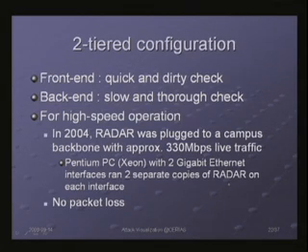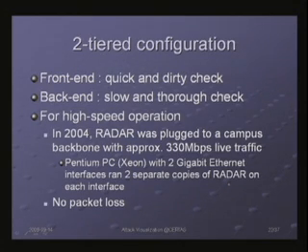You arrest some suspects from the traffic flow, and you move them to a back end where you have a little more time to perform a more thorough check. So I think for a high-speed network, this two-tiered approach is appropriate.